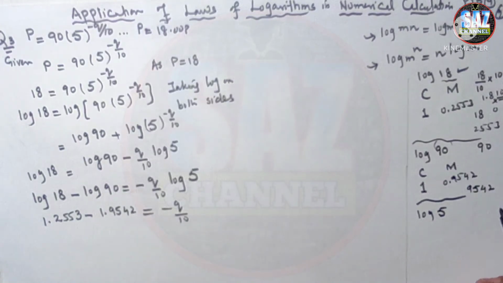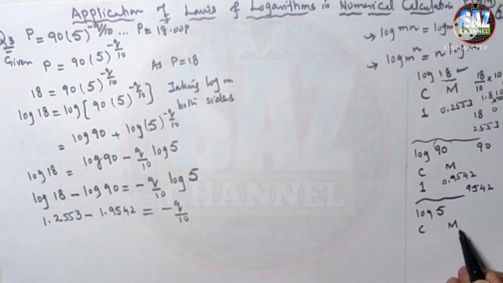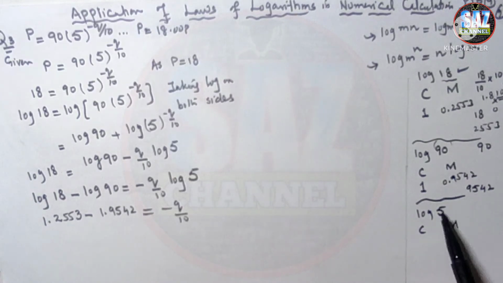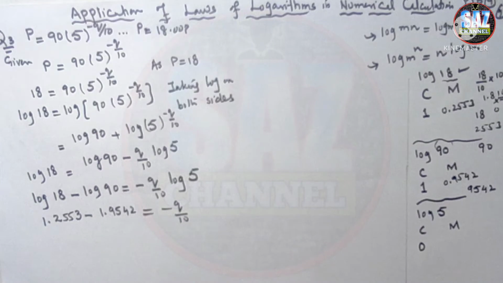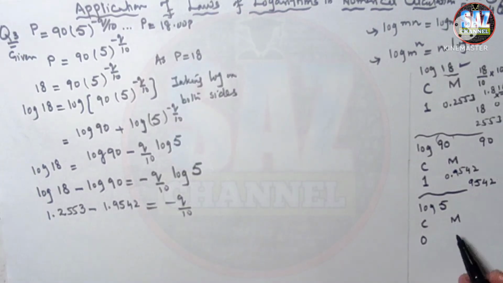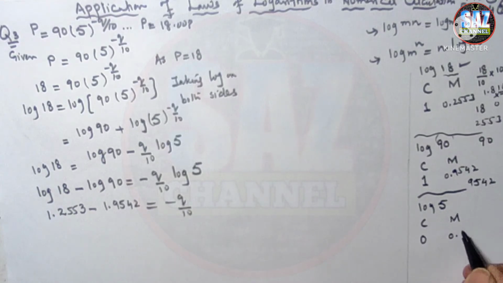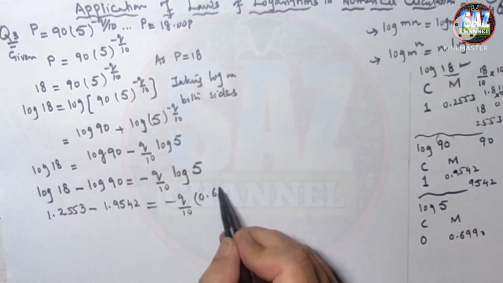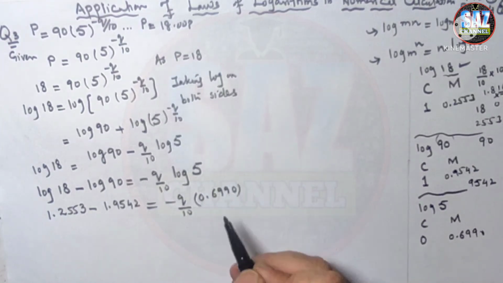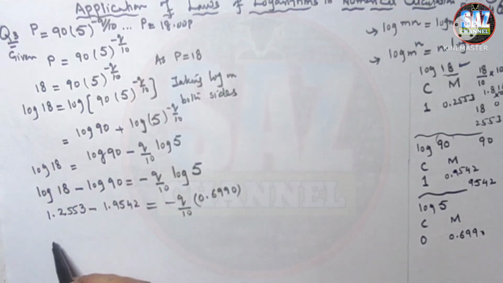So the characteristic of this part, as the number contains 1 digit in the integral part, I have to subtract 1, so characteristic will be 0, and locating the value of log 5 gives me 0.6990. So log 5 will become 0.6990.